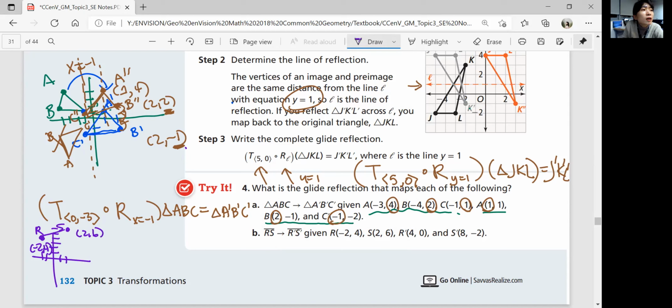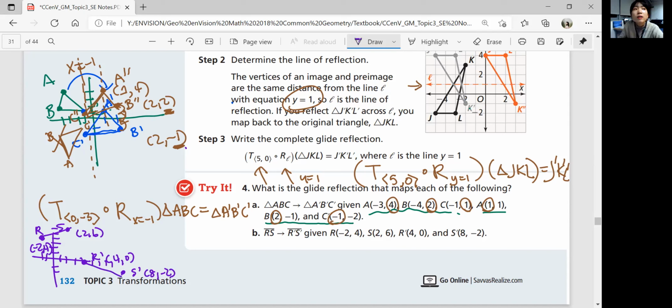And then you want to end up with 4, comma 0 for R prime, and then 8, comma -2 for S prime.